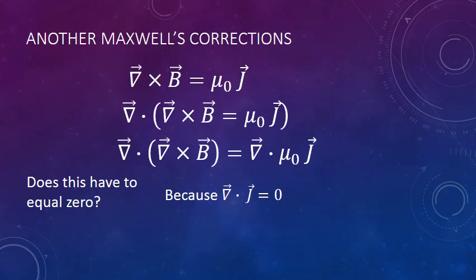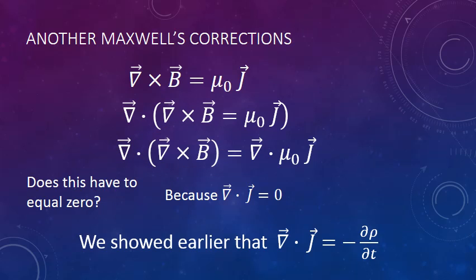In the past, in magnetostatics, we've said the divergence of J equals 0. So if we use that, the left-hand side would also equal 0. But earlier we showed that the divergence of J is equal to the negative rate of change of the charge density. So which one is correct?